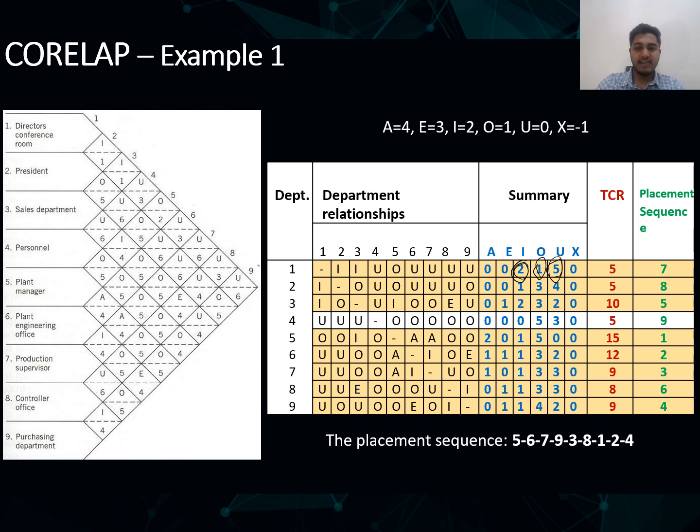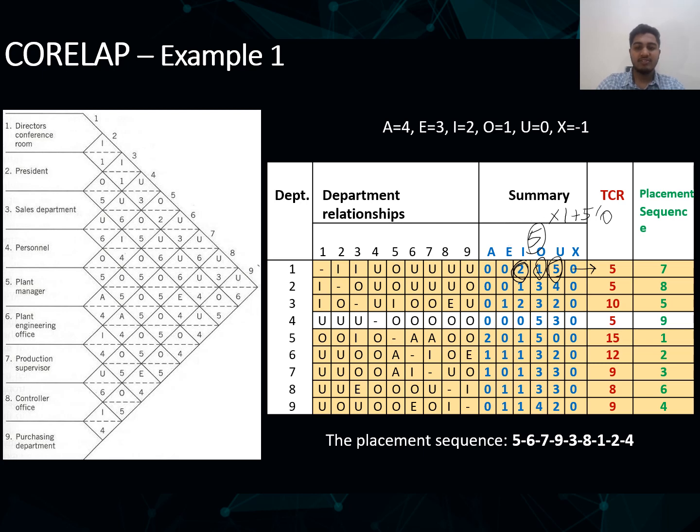So simply 2 into the I value, which is 2 here, plus 1 into the O value, which is 1, plus 5 into the U value, which is 0, gives a total of 5. So here you get 5.